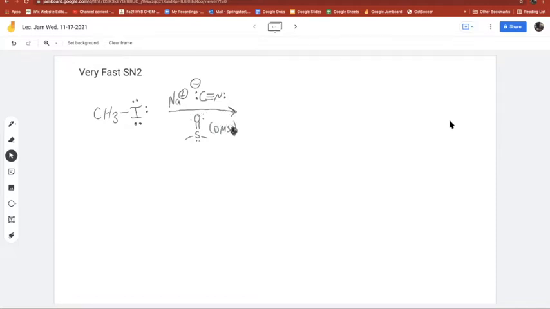There we go. And my overall reaction, I'm going to keep this separate from the mechanism. Overall reaction will be CH3CN and sodium iodide. There we go. That's a great, very fast SN2.